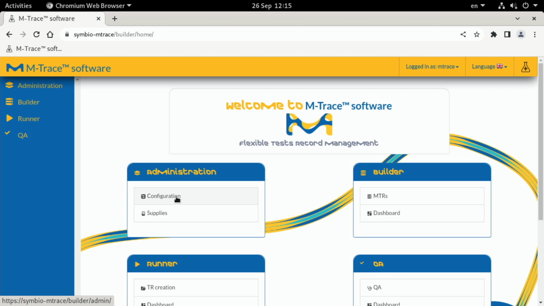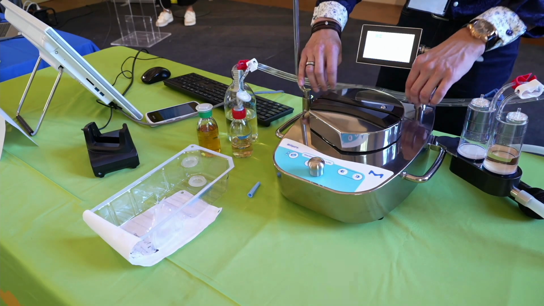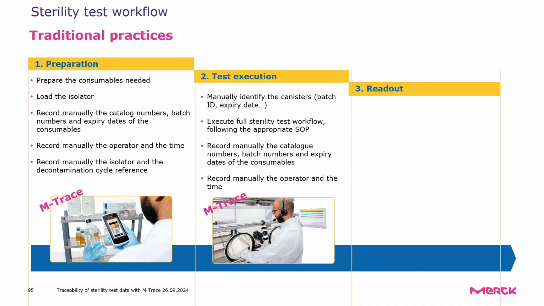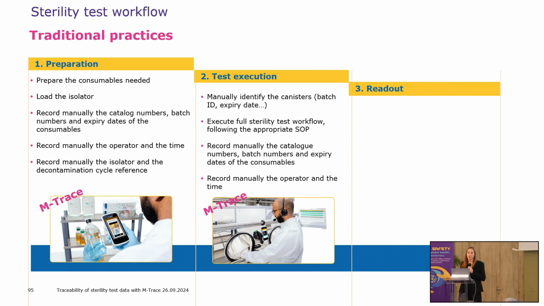Okay, so now I think we can move to the following step, which is the final step, the readout, and see which activities we perform using the traditional method. We carry the canisters from the isolator to the incubators.